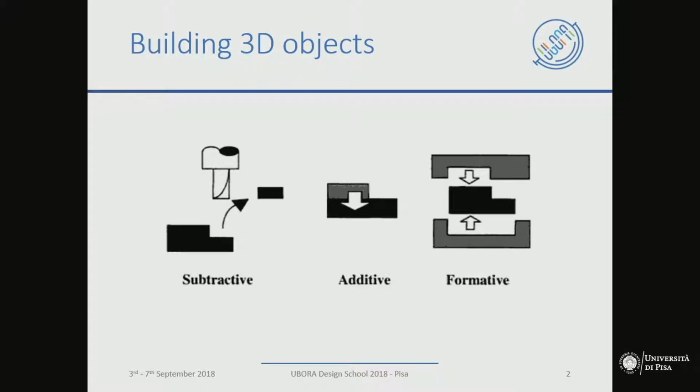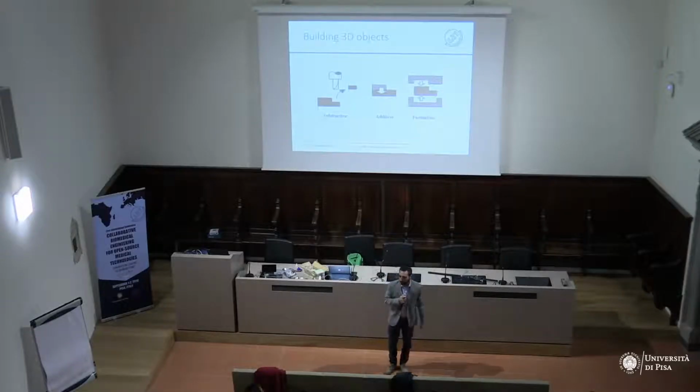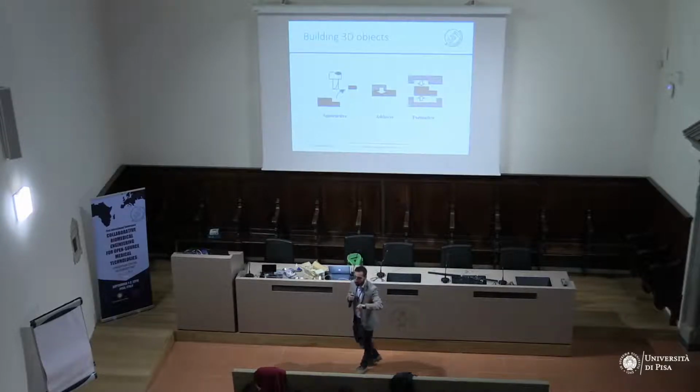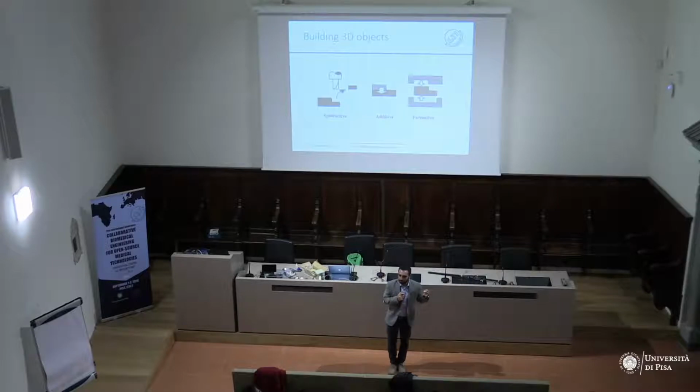The first, and probably one of the oldest, is the formative technique. So you have a mold, pour material inside, let it solidify in a way or another, and take the object out of the mold.